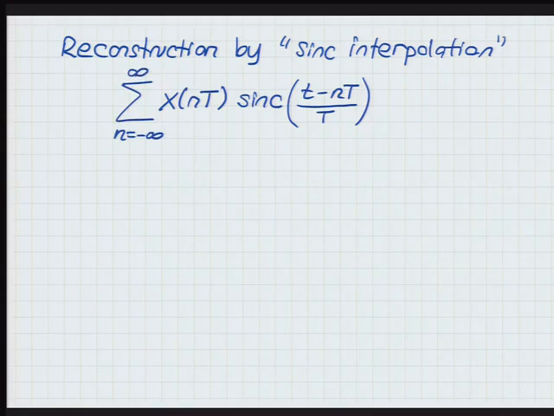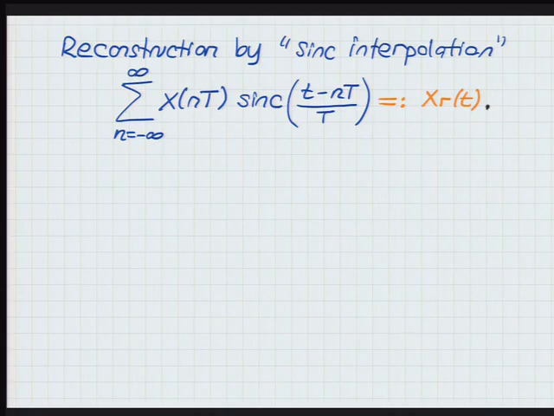And because we are doing a reconstruction, I'm going to call this x_r of t. I'm doing an interpolation from the samples of x, and I'm going to call the result x_r because I'm attempting to reconstruct the signal, okay? So that's the type of interpolation we do.